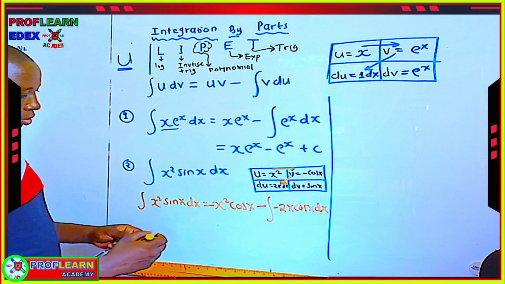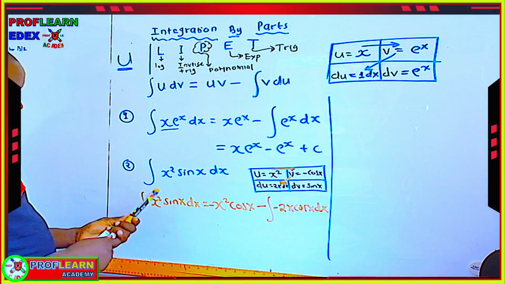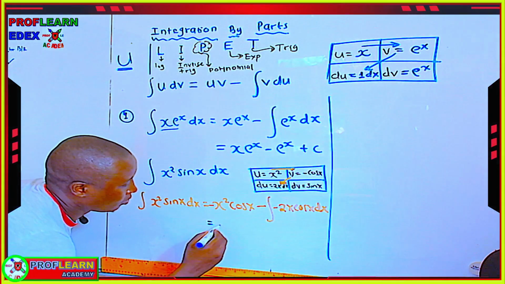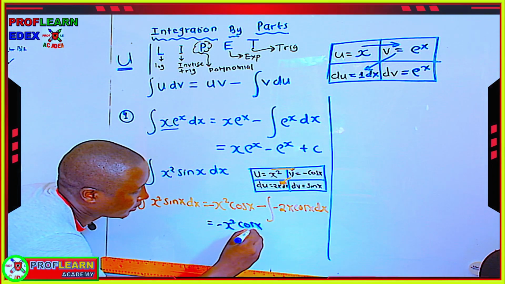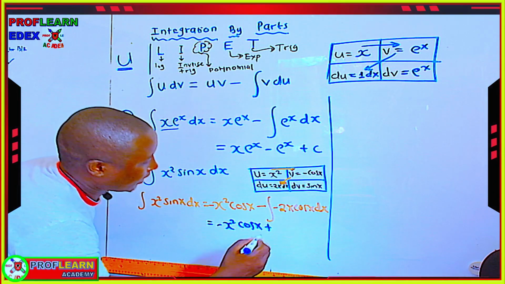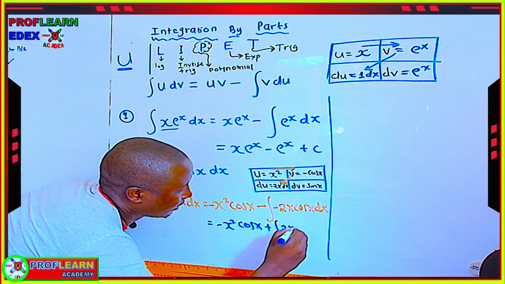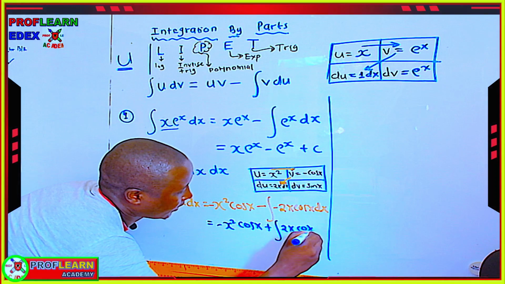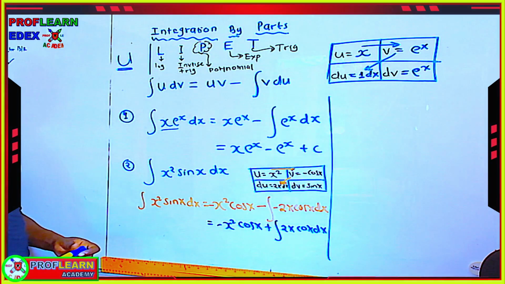If I take this negative out, I'm going to have a positive value there, and this expression will reduce to negative x squared cos x plus the integral of 2x cos x dx. So that is integration by parts.